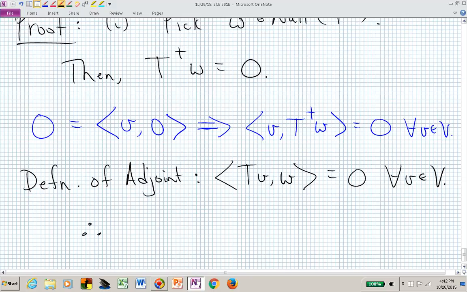The range of T. Now we're saying that W is orthogonal to the range of T, because this inner product is 0. This last expression, this inner product equaling 0, is really saying that W is an element of the orthogonal complement of the range of T.